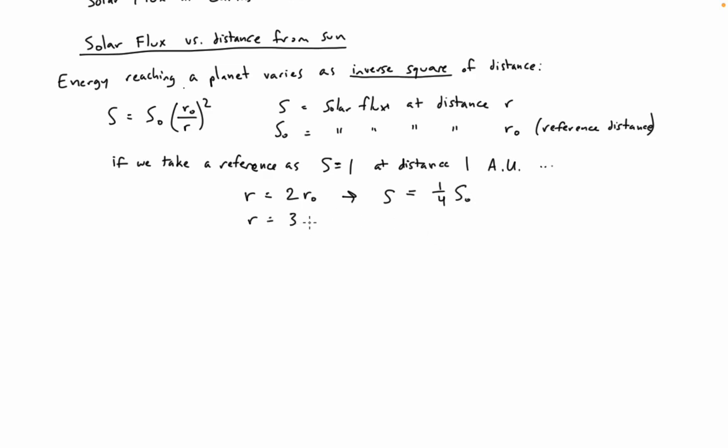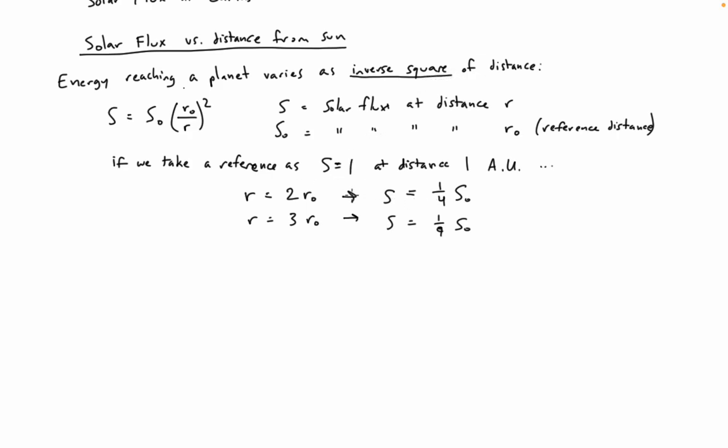Same thing if we were to go 3 times the distance from Earth, we get 1/9 what Earth gets. So it dies off pretty quickly the further you go away. You square this number, 2 or 3, and then take 1 over that. So that's why it's called the inverse square.